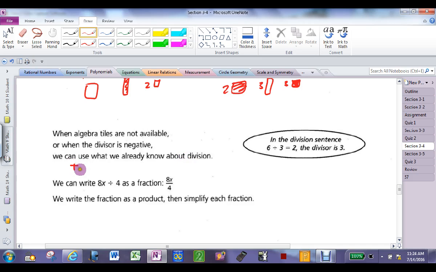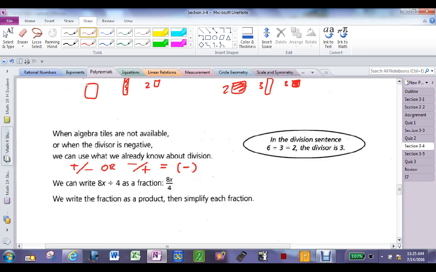A positive divided by a negative, or a negative divided by a positive, equals what? A negative answer, no matter what. Okay?